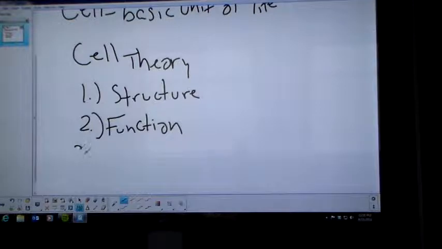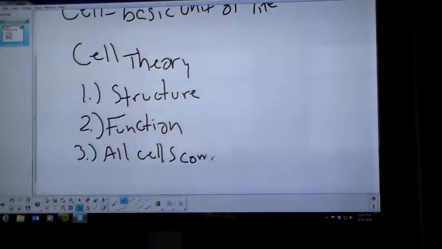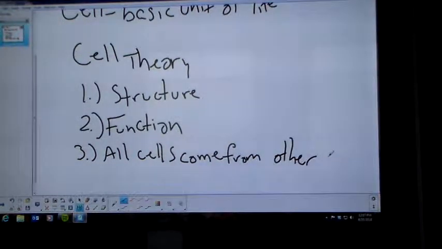And the third and final one is that all cells come from other cells. Okay, so all cells come from other cells.